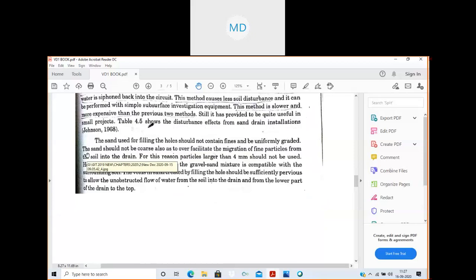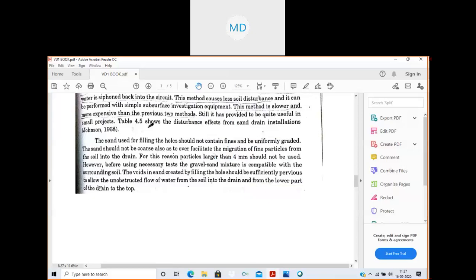If the soil is not uniformly graded, some obstruction may be provided to the flow of water. The sand should also not be so coarse as to over-facilitate the migration of soil particles into the drains. For this reason, particles larger than 4 mm should not be used.